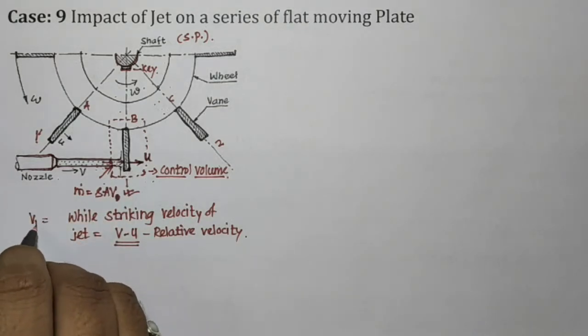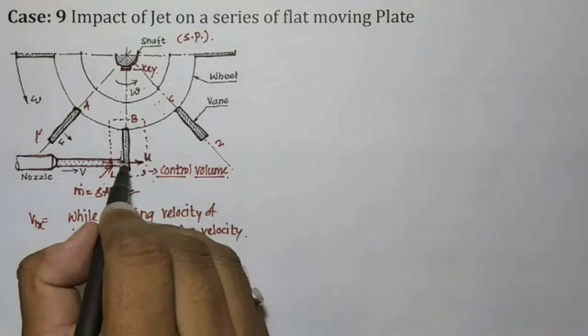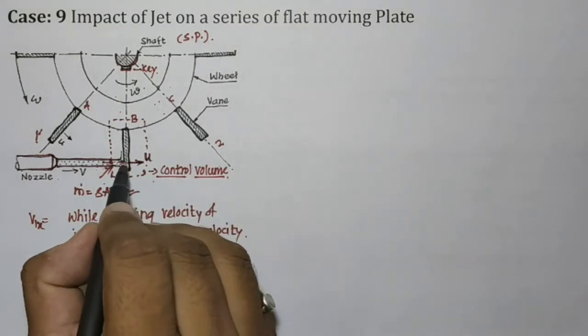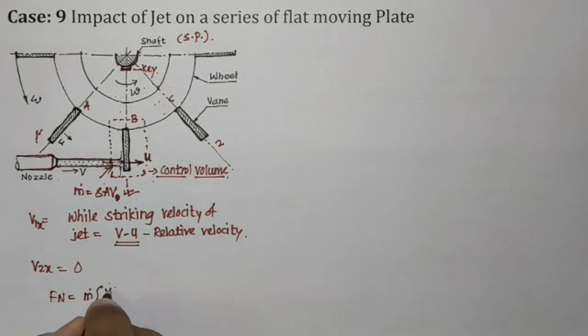Okay, so while striking, the velocity of the jet, v minus u, is basically v1x, and v2x obviously becomes 0, because there is no velocity in the x direction after striking the plate. So we will directly write down the force formula. Fn is equal to m dot (v1x minus v2x).